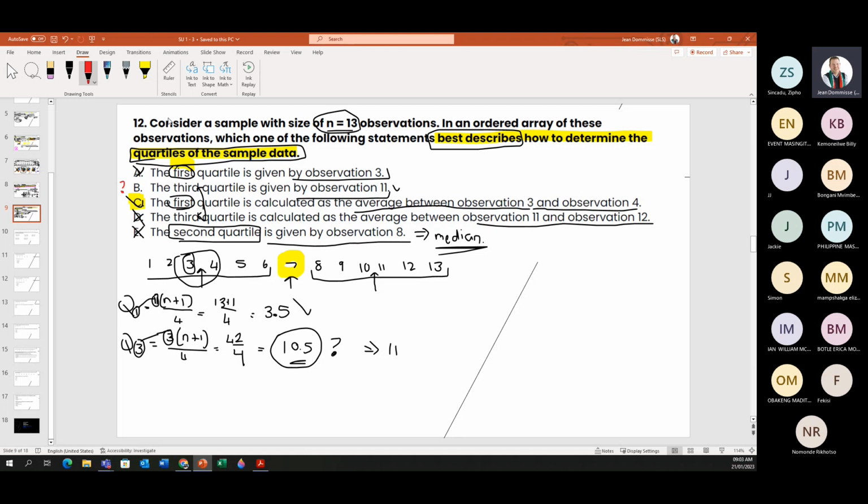If it was 12 plus 1, if a sample was even, then we would round it off, because then it would have been 10.75 or something weird like that. But because it's now with 14, it will always give you an even number between. Okay, so the best one is between 3 and 4.